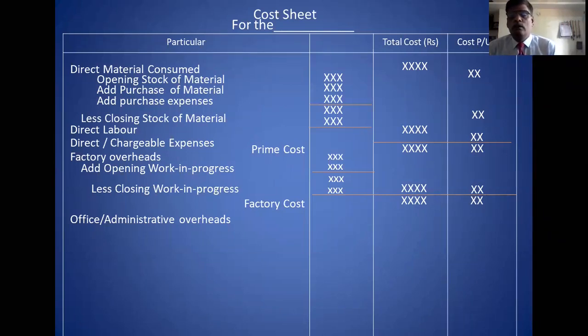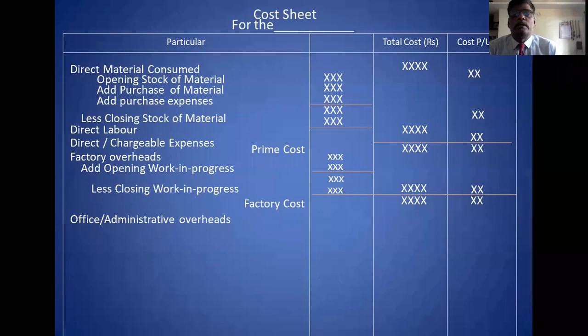While recording the items coming under this head, you have to consider you are in the administration department. And what are the expenses coming under the administration department or in the general office?